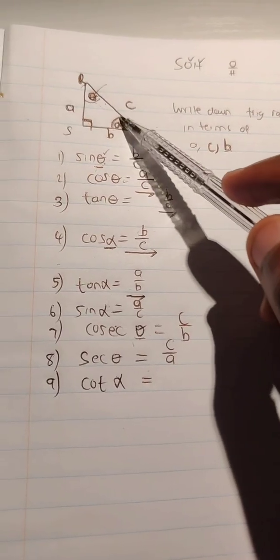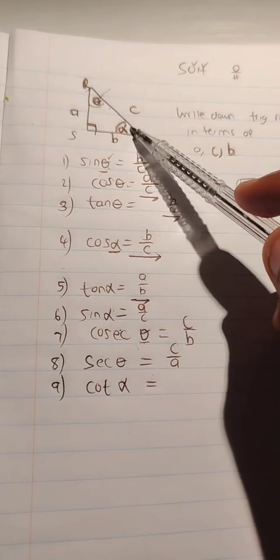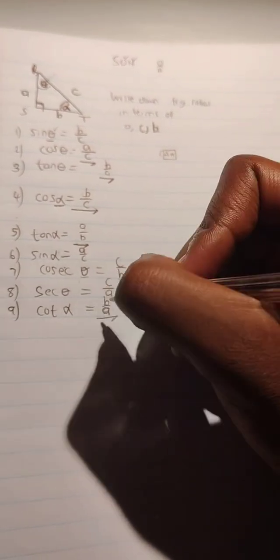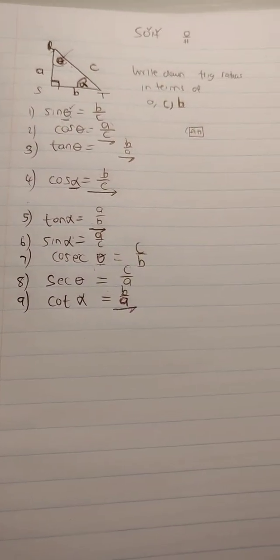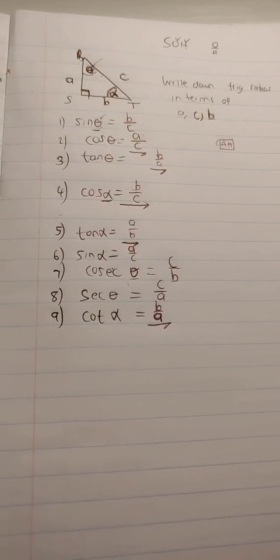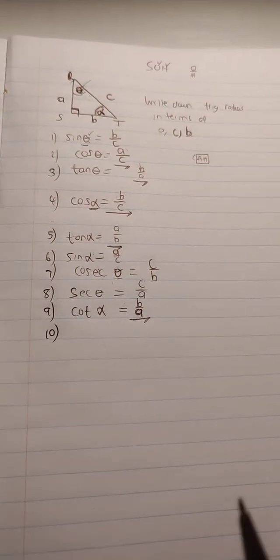What is the adjacent side to this angle? It is B. What is the opposite side to this angle? It is A. So the answer is B over A. Very good, Pumezo Blai was the only one that got that one right. 100% on point.